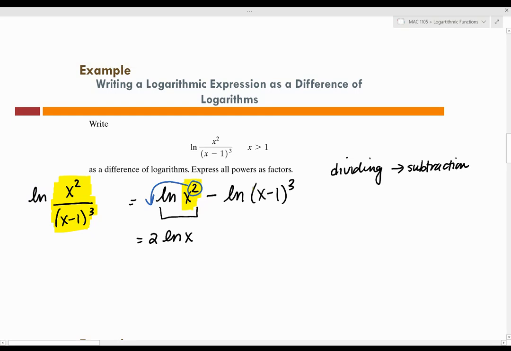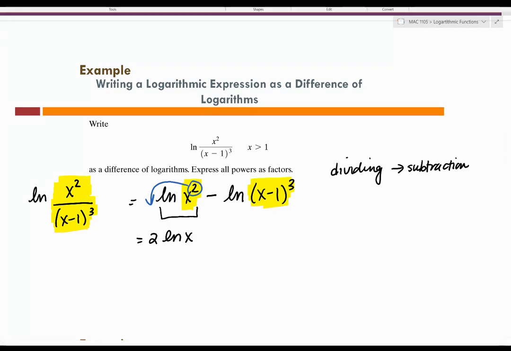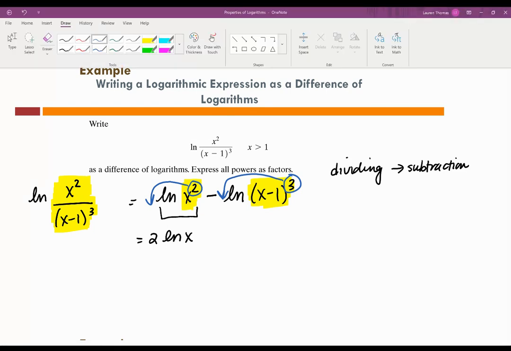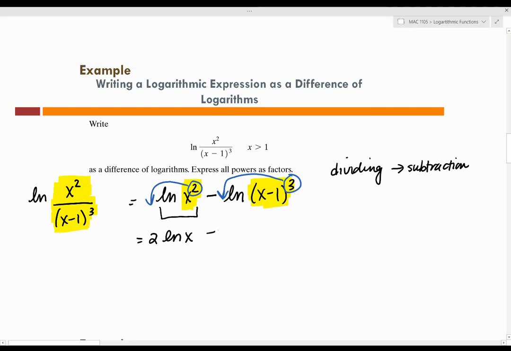Now let's look at the second one. I'm looking at this argument, and I'm looking to see, do I see any multiplication, any division, or any powers? Well, I do see a power. I see this 3. So the 3 is going to come in front of the log. So I'm going to have minus 3 natural log of x minus 1.